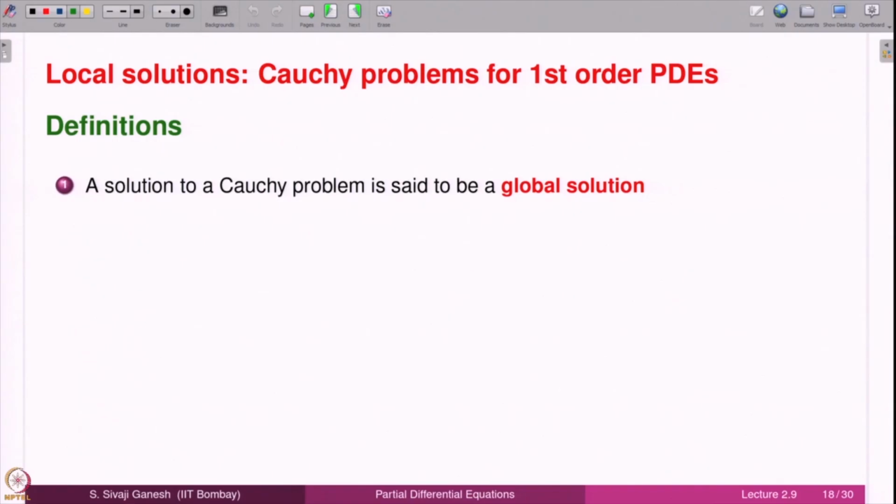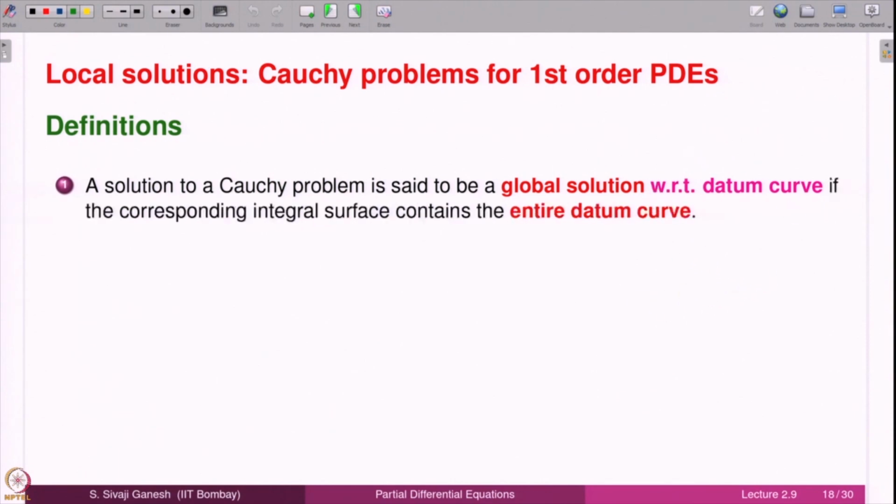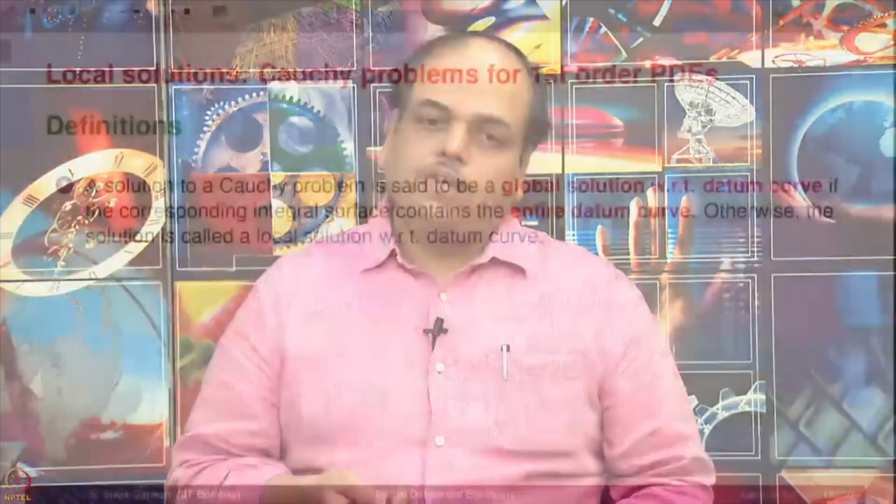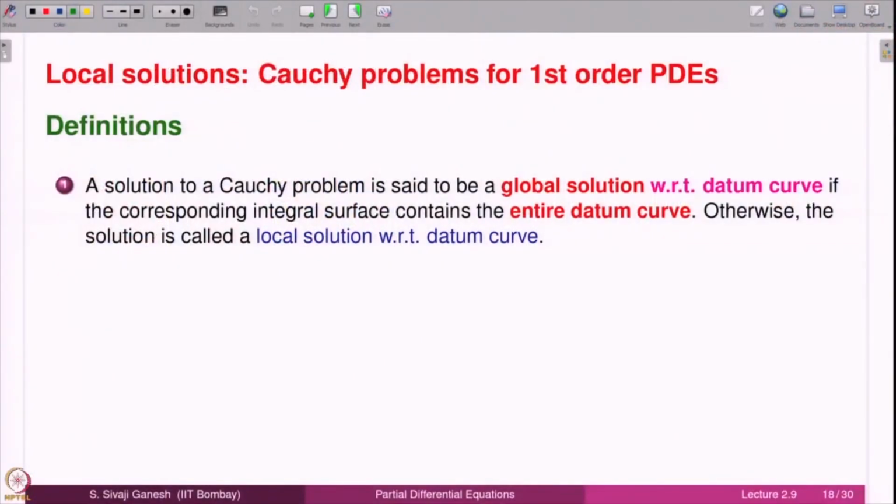So, a solution to a Cauchy problem is said to be a global solution with respect to datum curve if the corresponding integral surface contains the entire datum curve. You have a solution, then look at the integral surface; if the entire gamma is on that, we say it is a global solution with respect to datum curve. Otherwise, the solution is called a local solution with respect to datum curve.